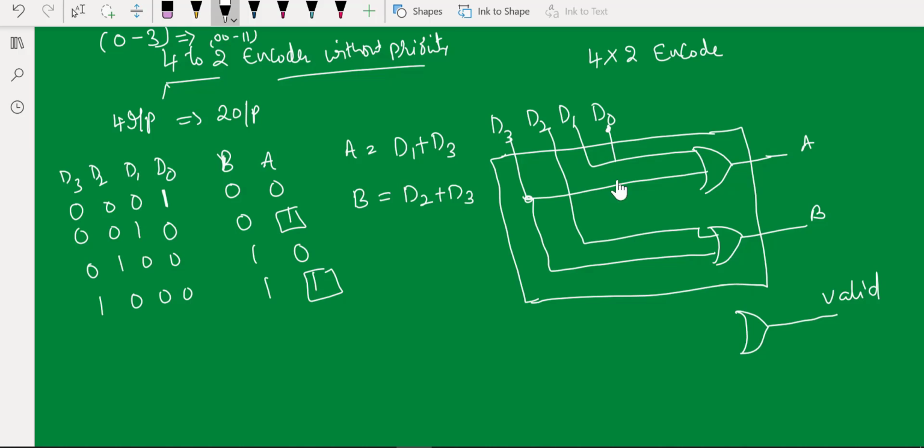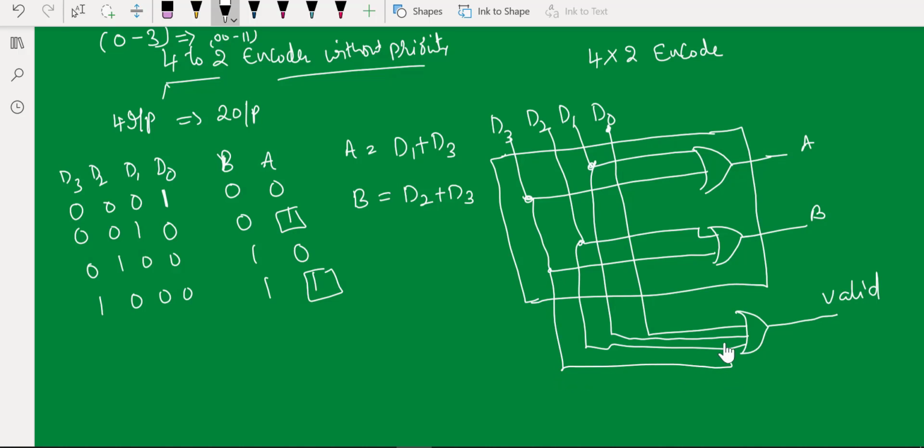You are going to connect your D0, your D1, then D2 and D3. So if you look at here, you are going to take valid output as D0 plus D1 plus D2 plus D3.